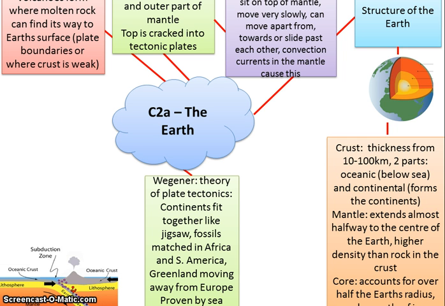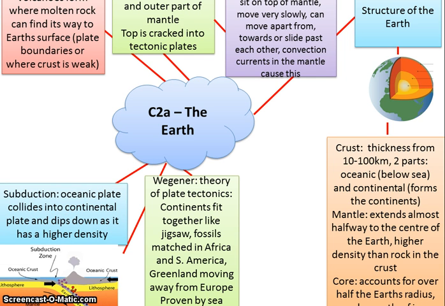Unfortunately, he was unable to explain how the continents could move, and he was not a geologist, so his theory was not believed, like most scientific theories, until the 1960s, when advances in science began to show how the continents moved. Scientists discovered convection currents in the mantle, and they discovered evidence that tectonic plates were moving apart under the Atlantic Ocean, leading to sea floor spreading, and they discovered something called subduction.